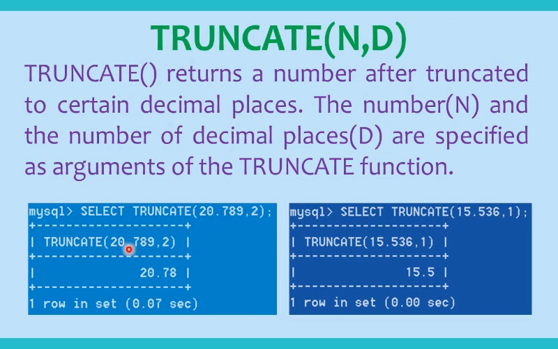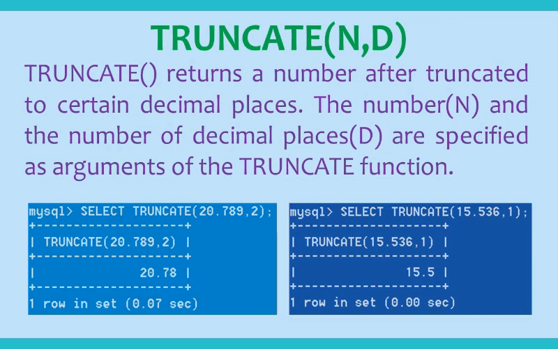Means after the decimal point, after the dot, there should be only 2 digits in the output. Means this 9 will be removed. So the output will come as 20.78. Means only 2 digits are kept after the decimal point.